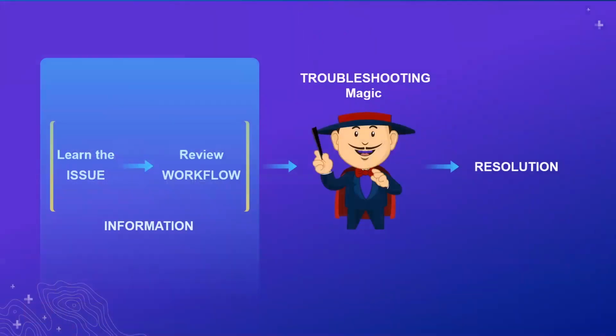As you can see here, first we learn about an issue, and during the app's implementation, we then review the whole code workflow: how the code is working, what classes are being used, how the calling of functions is going on. Both of these, learning the issue and reviewing the workflow, form the information part, which can then be carried forward for troubleshooting. Ultimately, after the troubleshooting, we end up with a resolution for the known issue.